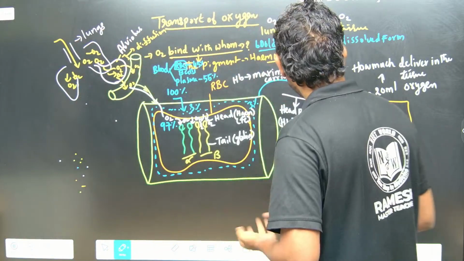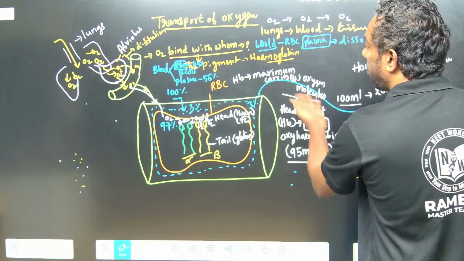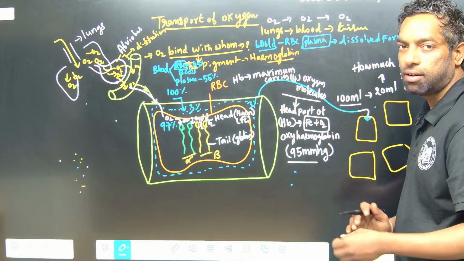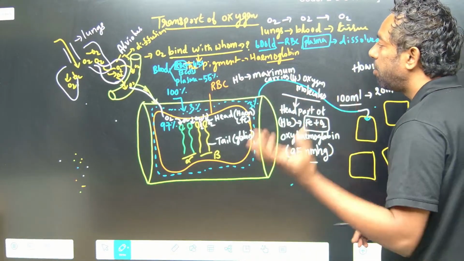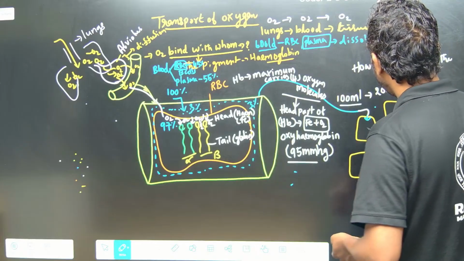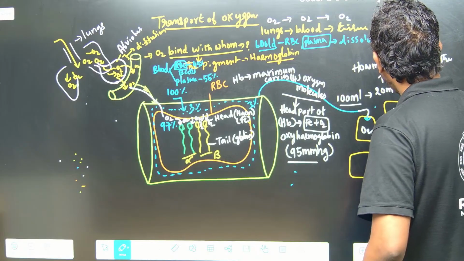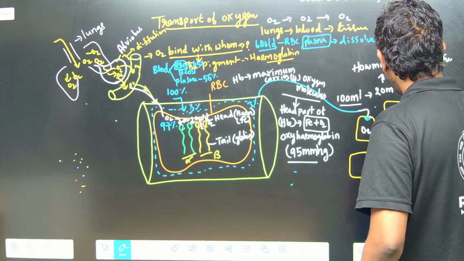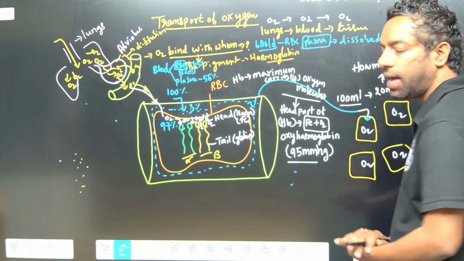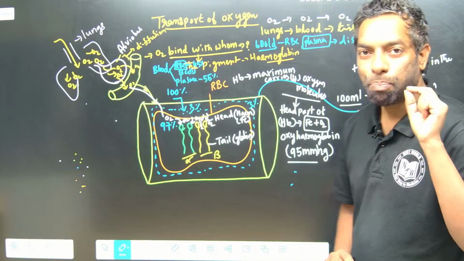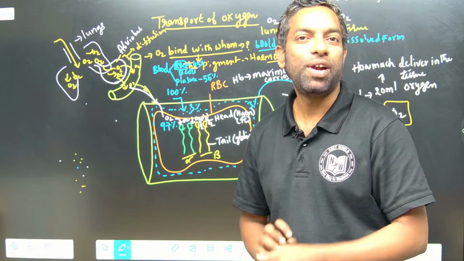Each hemoglobin carries a maximum of 4 oxygen molecules, but they deliver only one. They can carry 4 molecules but deliver only one.